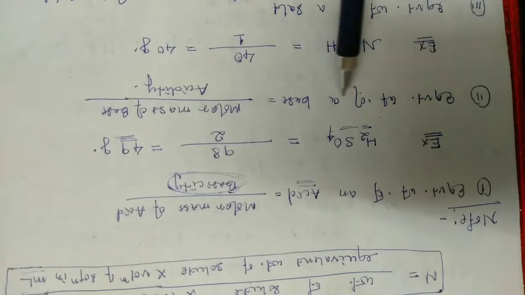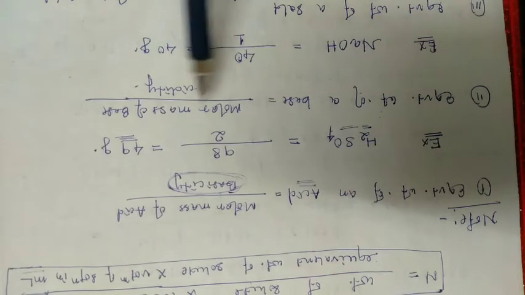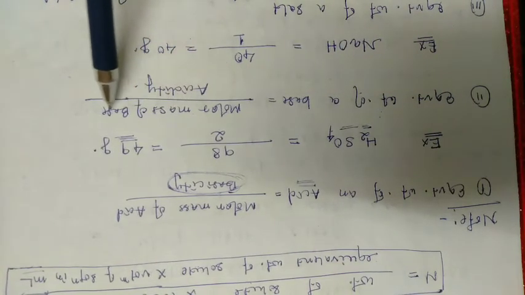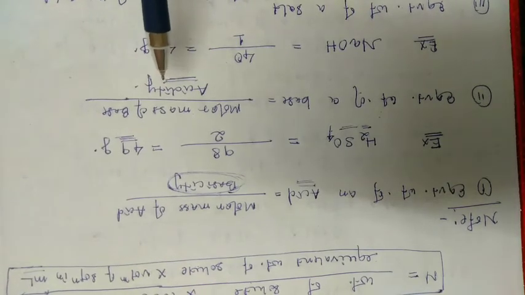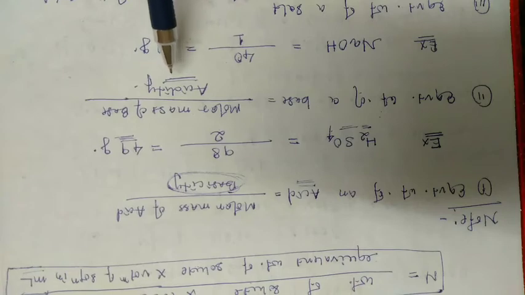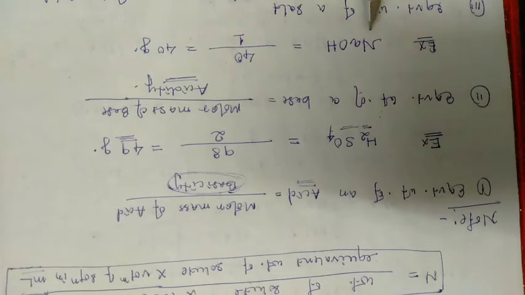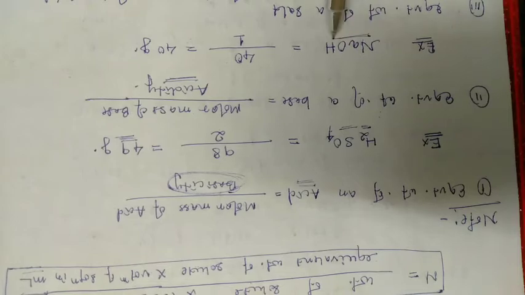Similarly, equivalent weight of a base, how can we calculate? By dividing molecular mass of the base by the acidity. Acidity means number of replaceable hydroxyl ions in a base or alkali. For example, equivalent weight of sodium hydroxide.